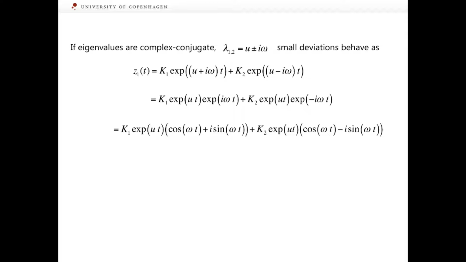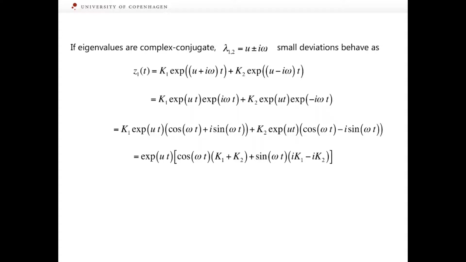We observe that in this expression there is a common factor exponent to ut. Let us take this factor outside the bracket and obtain this expression. We observe that inside the bracket we collected terms with a common factor cosine and the terms with a common factor sine.